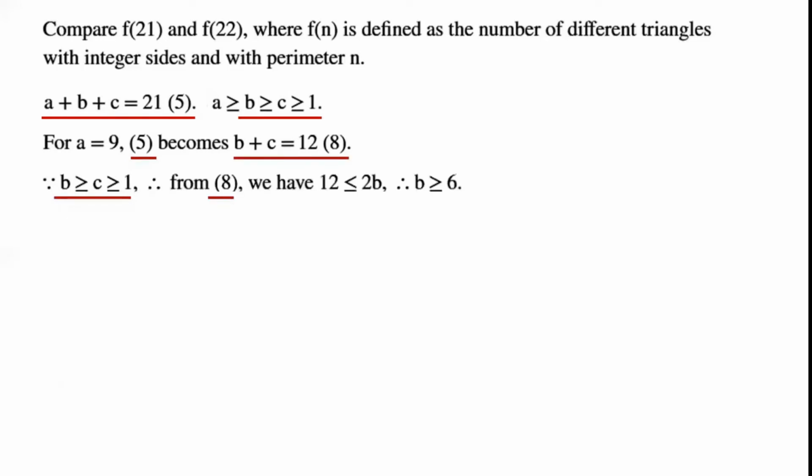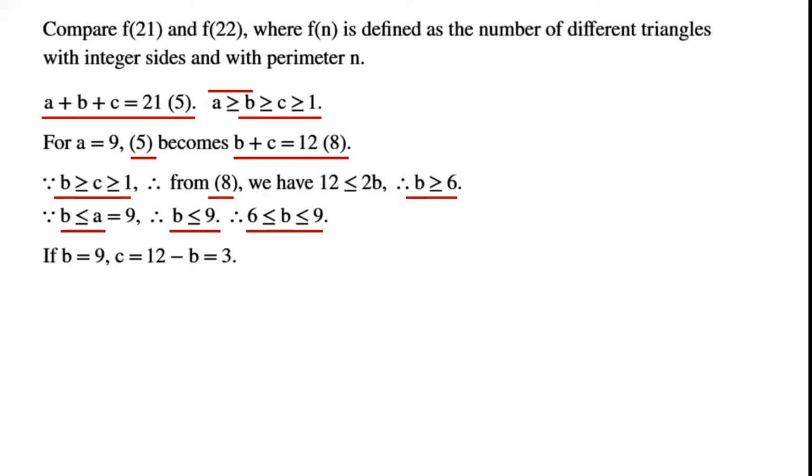So from equation 8, we have 12 ≤ 2b, so b ≥ 6. Because b ≤ a = 9, b ≤ 9. So 6 ≤ b ≤ 9.